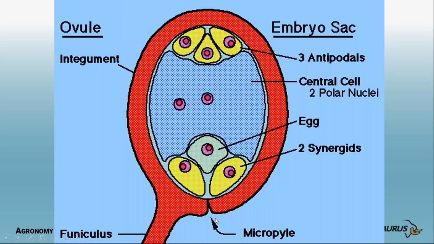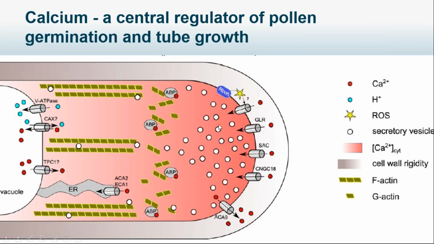It enters the ovule through something called the micropyle, and that's controlled, we think, by hormones. Goes in there, the tip breaks open, and the sperm are put in here to fertilize the egg, and the other part fertilizes the part that produces the endosperm. So double fertilization takes place.